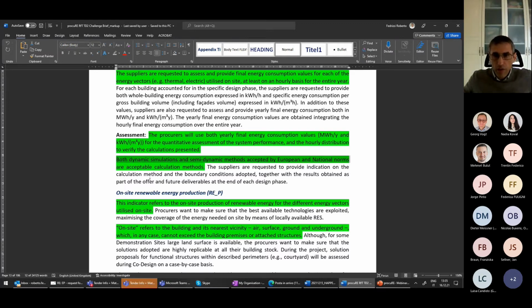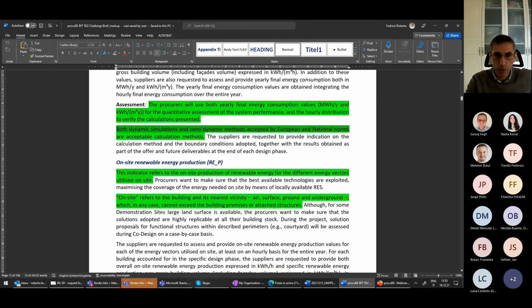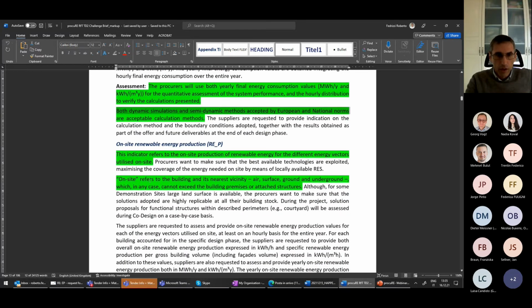What we would like to have, however, is not only the yearly energy consumption. What we would like to have is also the hourly consumption. This is why we ask to at least use these semi-dynamic methods for the energy users calculation.